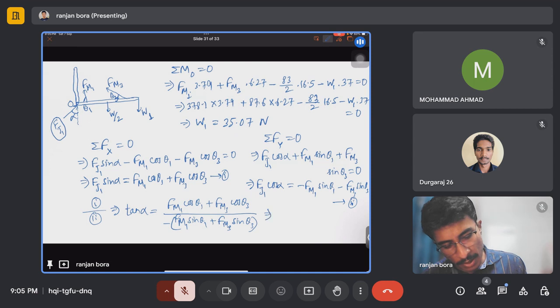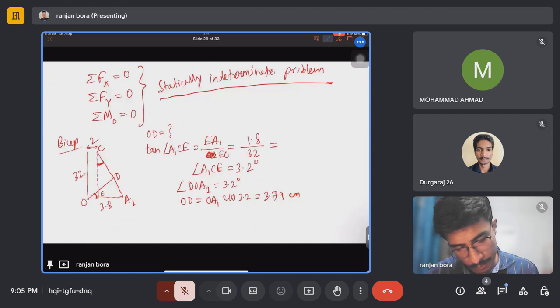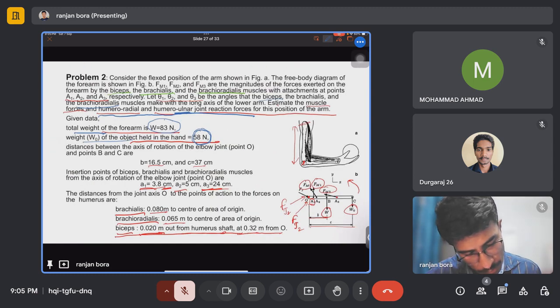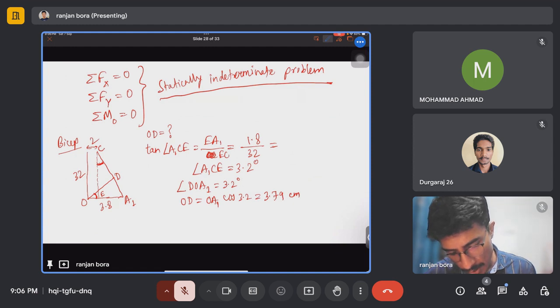So from here we'll get the value of alpha. What was Fm1? It was 378.1 and Fm3 was 87.6. Theta 1 and theta 3, okay, we have calculated from here.